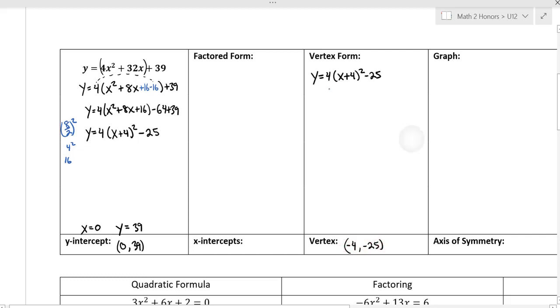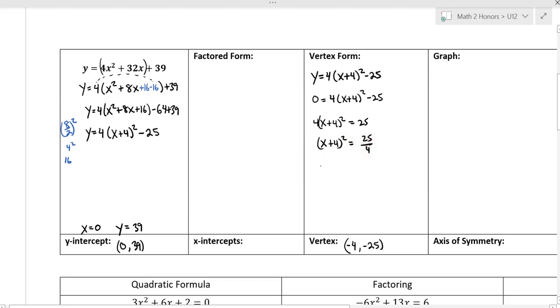I'm going to find my x-intercepts from that by plugging in 0 for y and solving here. So we get x plus 4 squared is equal to 25 over 4.